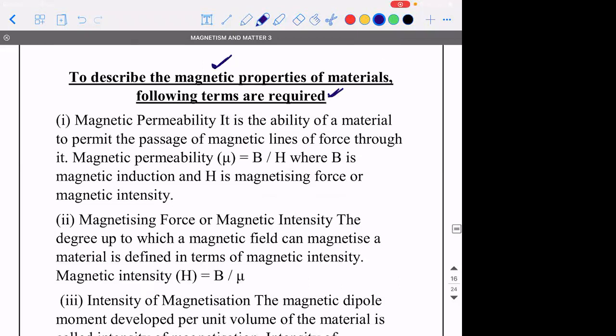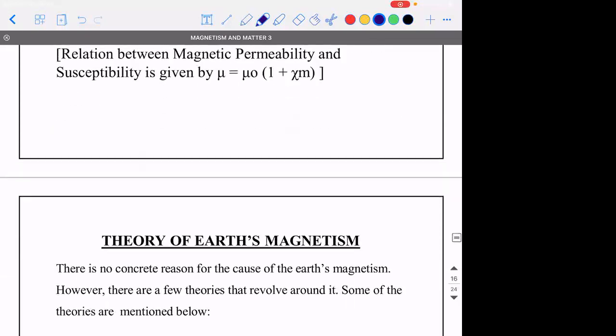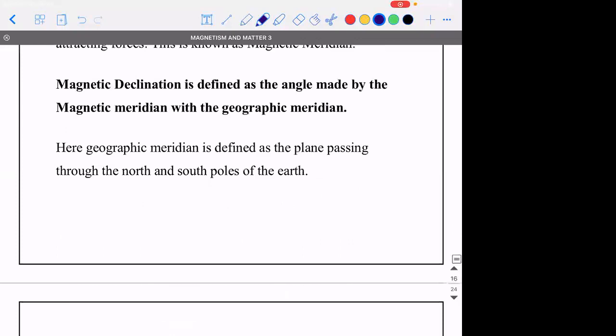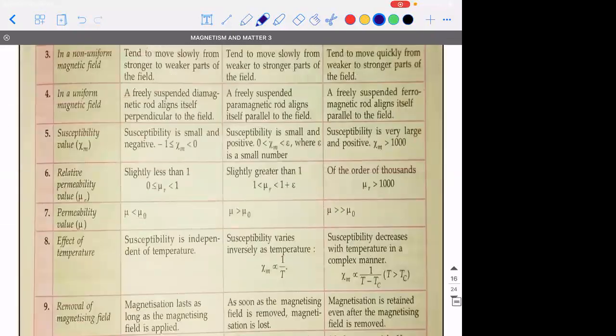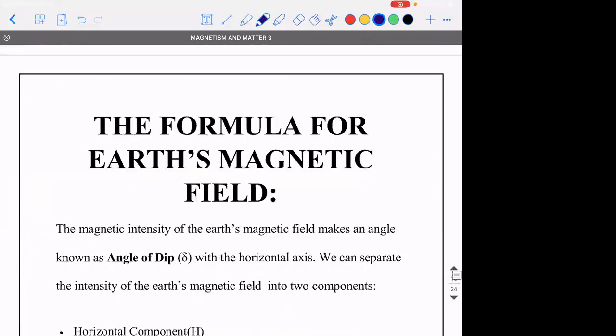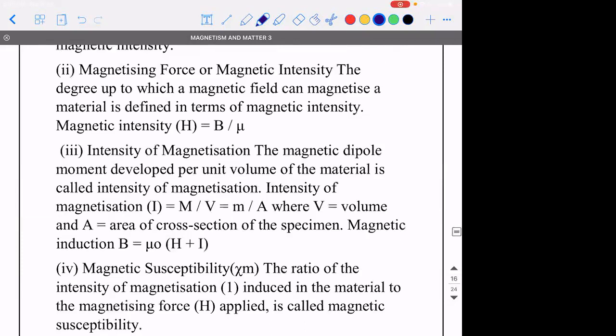First, the first word that we are going to see is called the magnetic permeability. Here the order is slightly swapped. Anyways, I will explain with this.